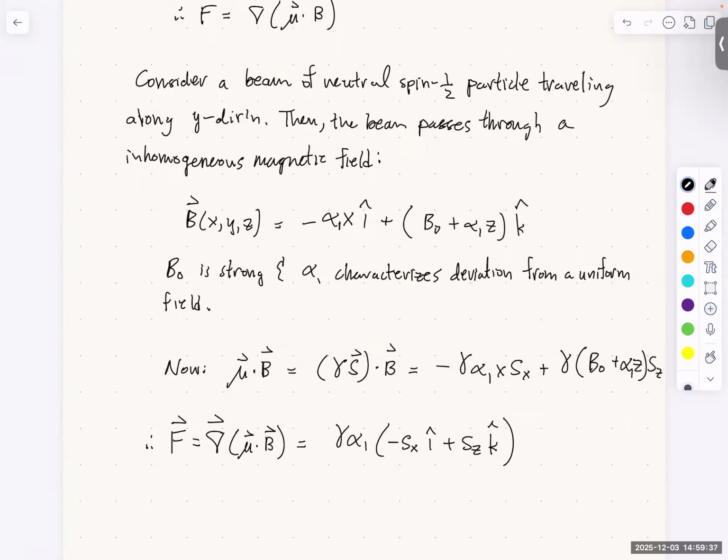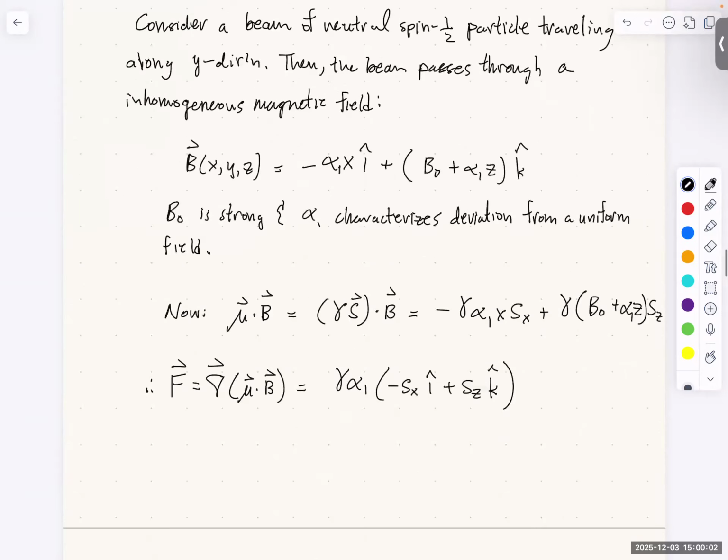And so that means in the x direction, we're constantly rotating. So the x component of the spin is changing all the time. If we average over many periods of that oscillation, the force that we get is going to average to 0. It's only the Sz, which is constant, that has a non-zero average.